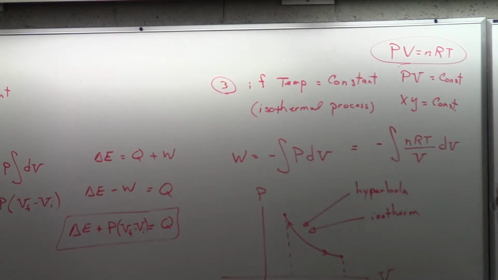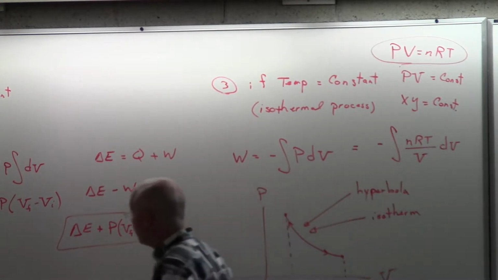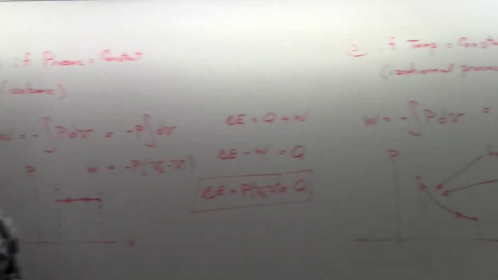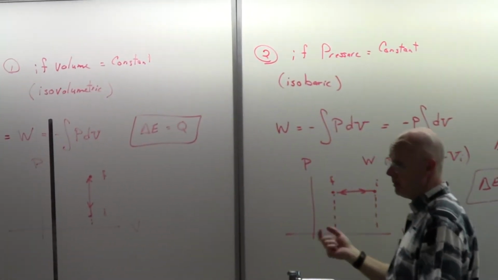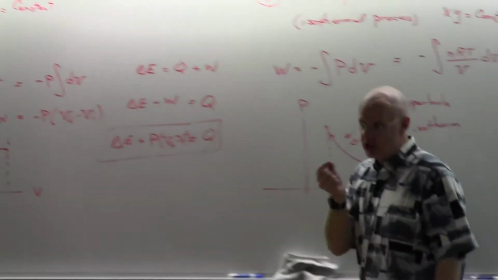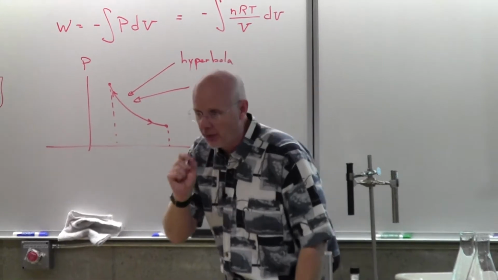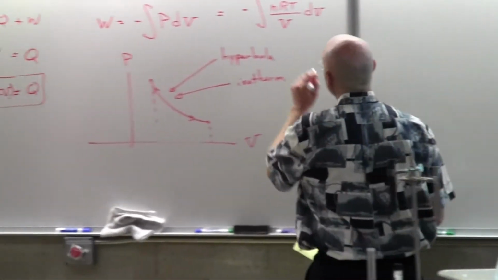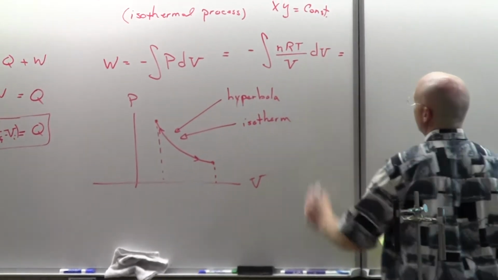And that's the important step, right? The pressure does change. So, unlike this one where the volume didn't change and I just got a 0, that was easy. Unlike this one where the pressure was constant, I can pull it out. Here the pressure does change, and I need to know how the pressure changes in order to do the integral. And that's where the ideal gas law comes in very useful.